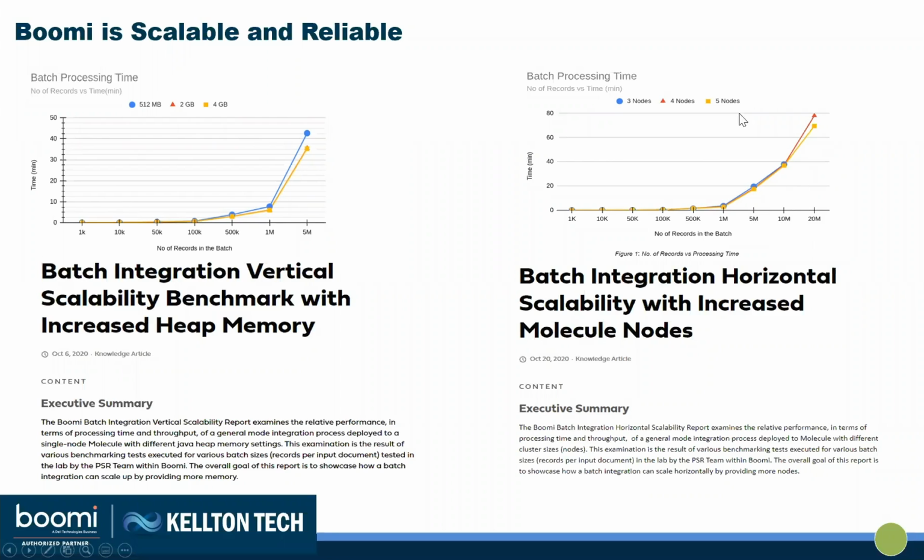Like if it has 5 nodes, the time could somewhat be reduced. So if you look at it, there is no significant difference between a 3-node and a 5-node or a 4-node at 10 million capacity. But as you increase the number of records in the batch, that's where you tend to see significant difference in the processing times.